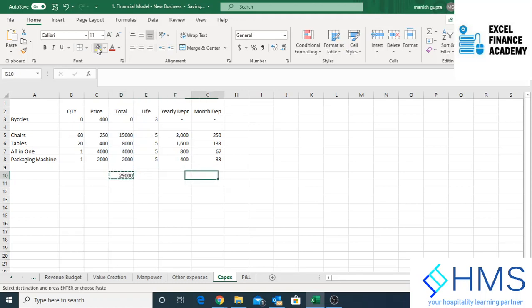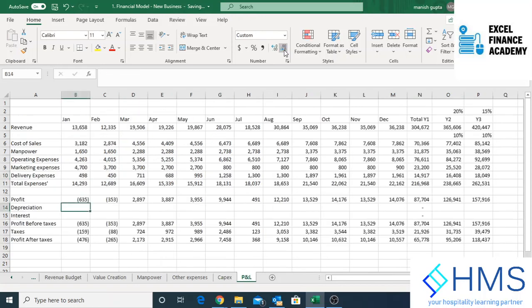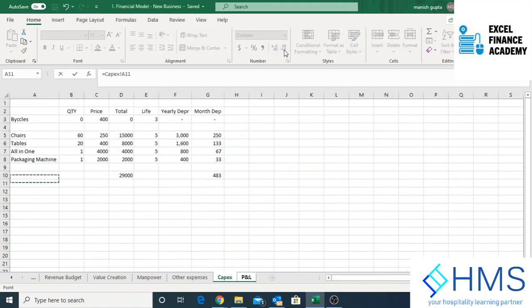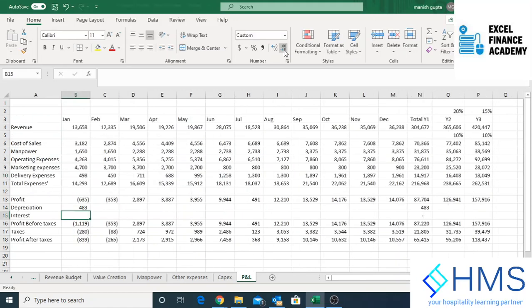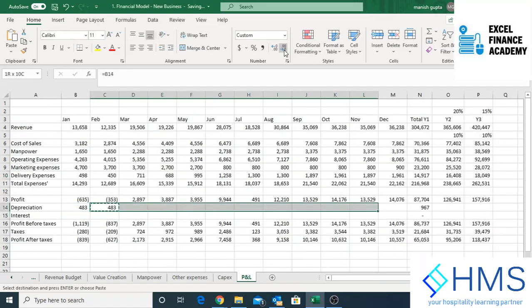Initially our monthly depreciation is going to be this much, right? And then in the P&L we come here and say, okay, we need this depreciation.